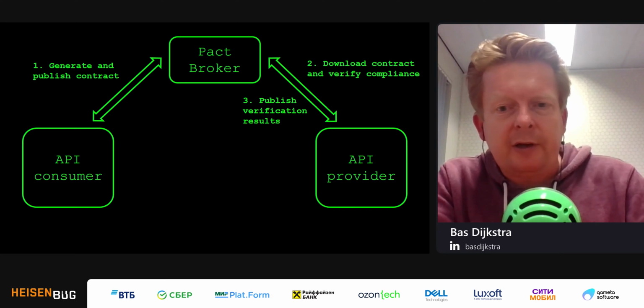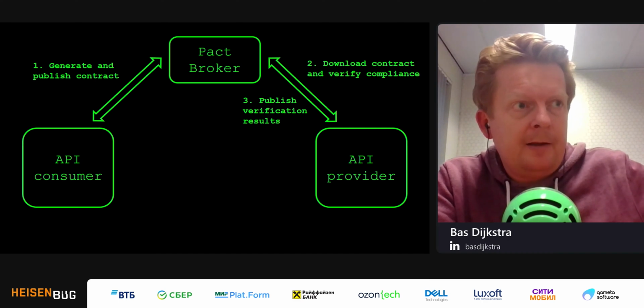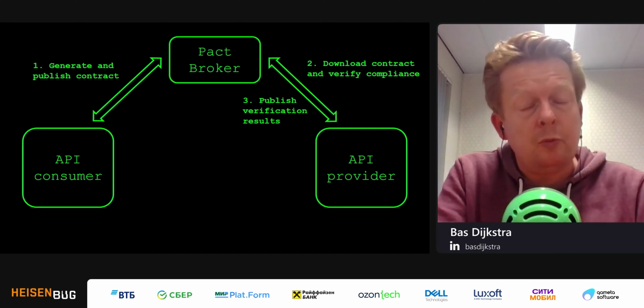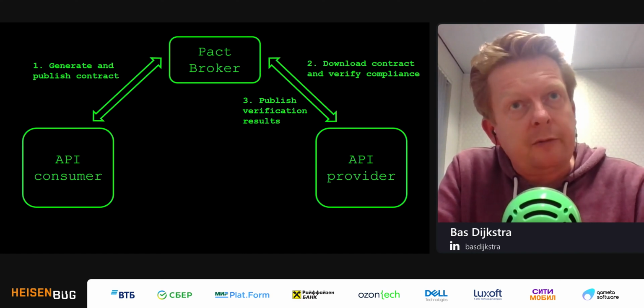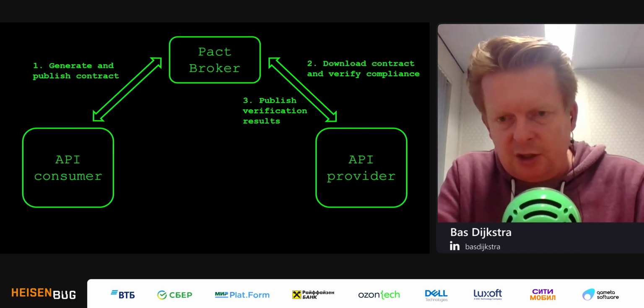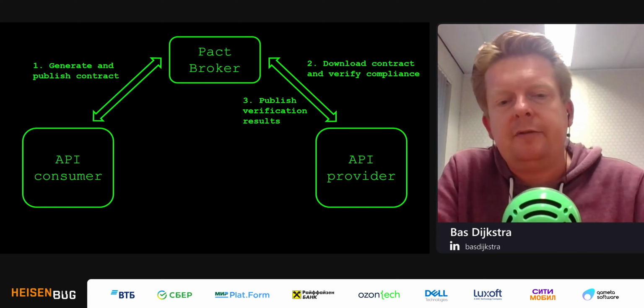The API provider can then publish its verification results, as I said, to show the consumers, to the world, well, I'm able to meet all of your expectations, or there's a problem with the specific expectation that I have.